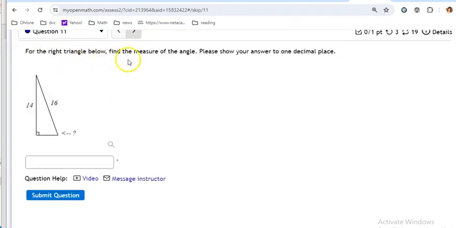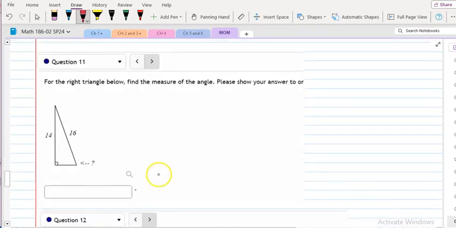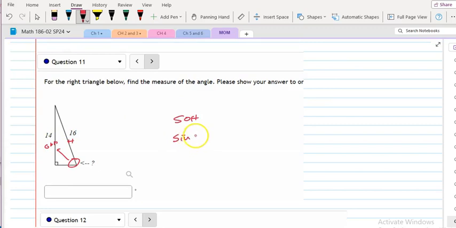Number 10, for the right triangle below, find the measure of the angle. So this angle is the one that we want. They just want the angle. So what kind of angle is this? If I look at this angle, this side is opposite. This side is hypotenuse, so SOH, right? So I will use sine of this angle.